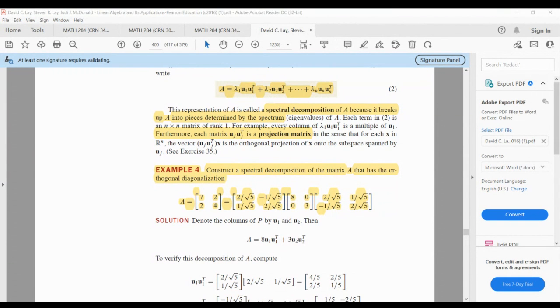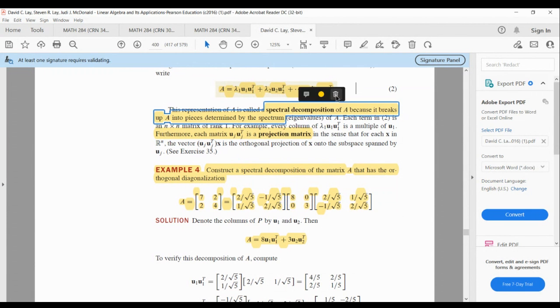And so the matrix A can be written by the spectral decomposition, well, by actually this formula here.